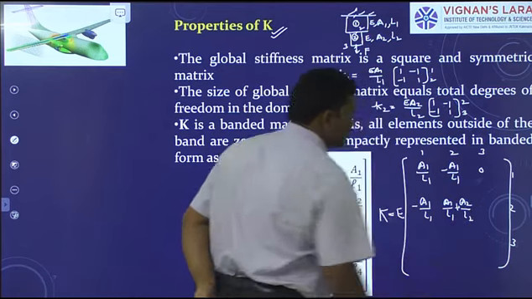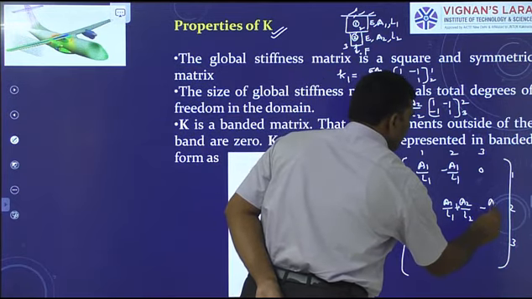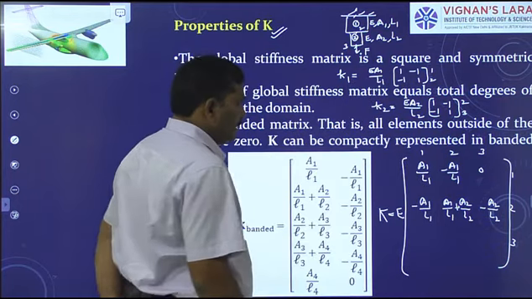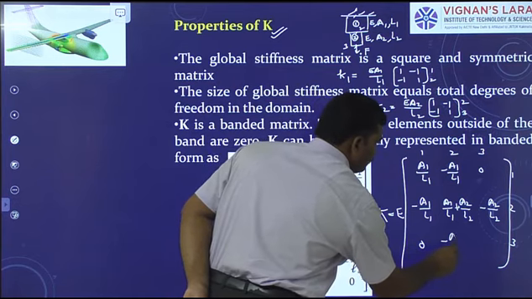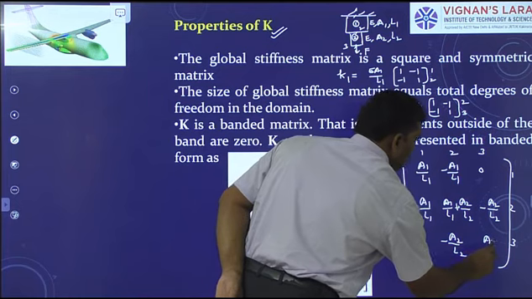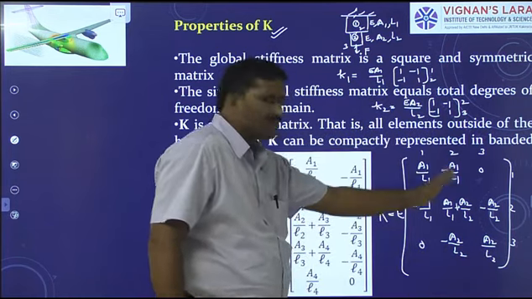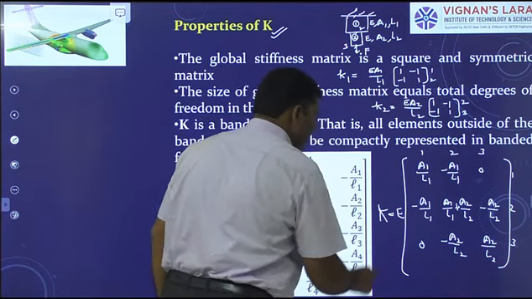Here you get minus A2 by L2, and here you get 0, here you get minus A2 by L2, and here you get A2 by L2. This is what we had in the previous class, the global stiffness matrix capital K.